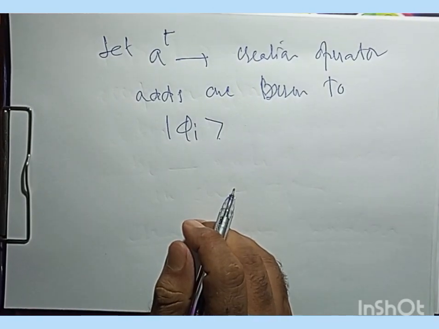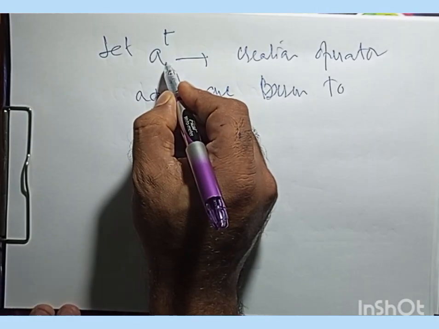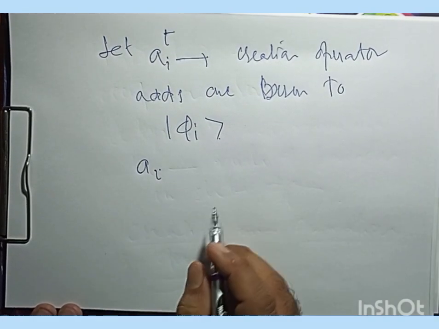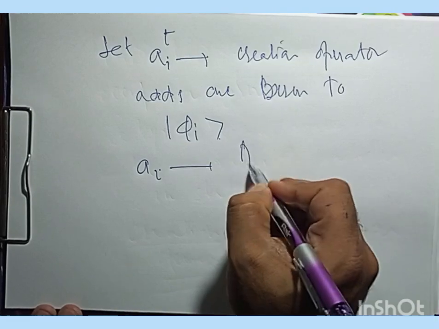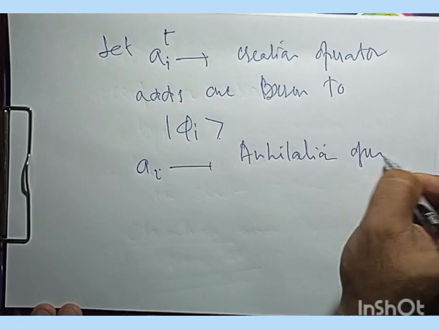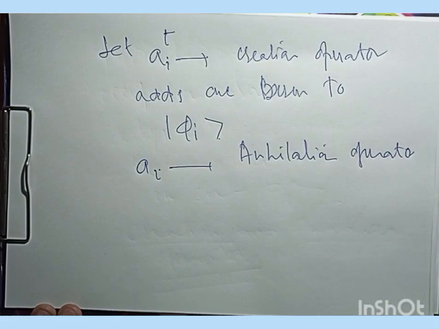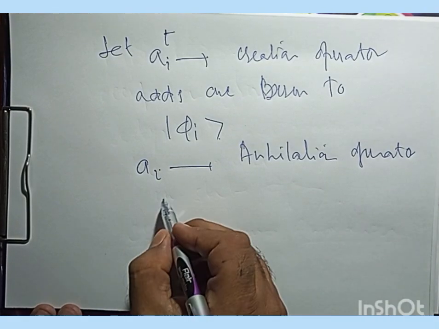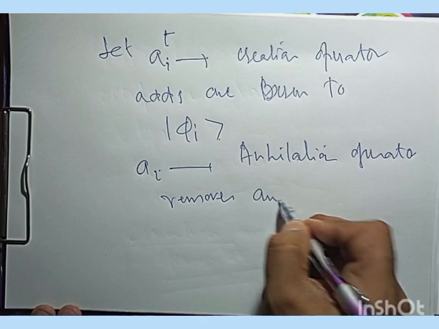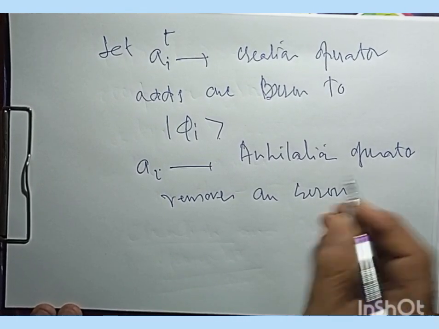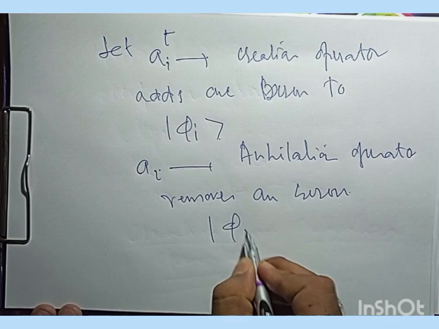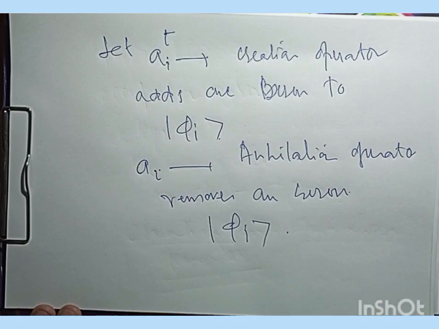Let's call it a_i, and let me have a_i alone, and let this be an annihilation operator. What it does is it removes one boson from the state phi of i.